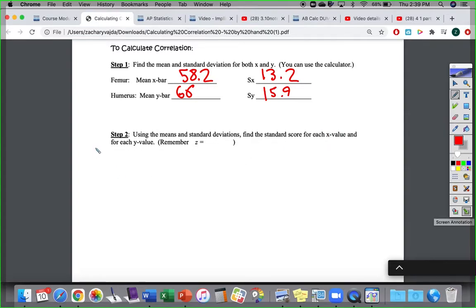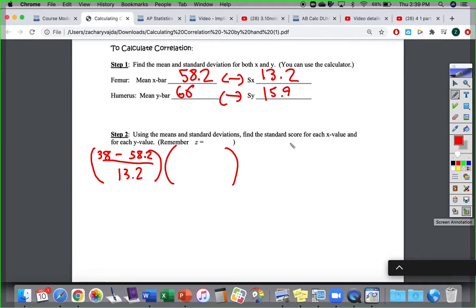It says, for each of the x values, to calculate x minus x bar. Well, what does it mean, x? What is x? X is going to be each of the original data points. So our first x value was 38. 38 minus the mean, 58.2, our x mean, over standard deviation of the x's. These go together, and then these go together. 13.2.